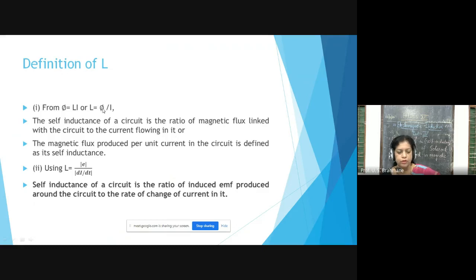You can see it is a ratio, or you can say it is magnetic flux per unit current.